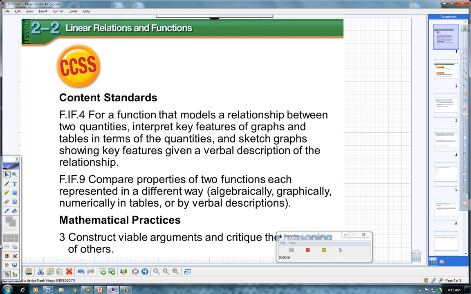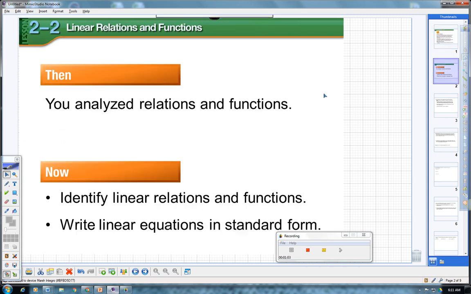Taking a look here at what we have coming up with linear relations and functions, we have the formal standards there, and then, as we summarize them, you have analyzed relations and functions. That's where we've been.